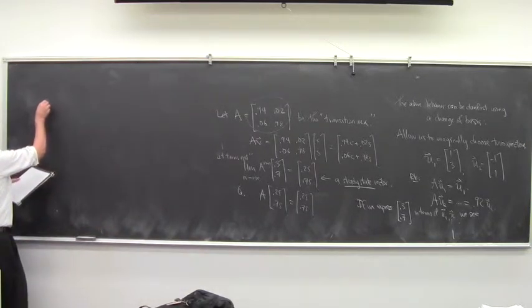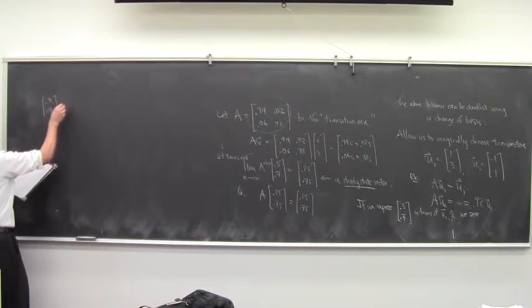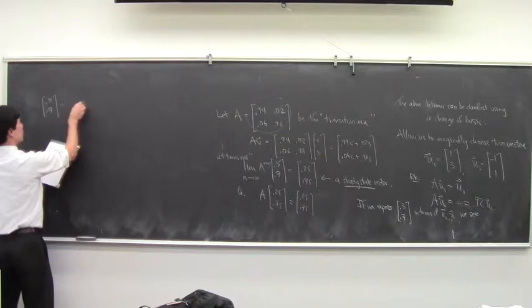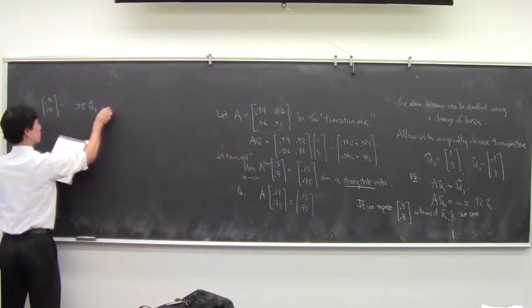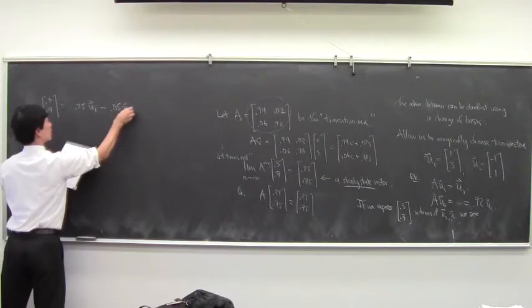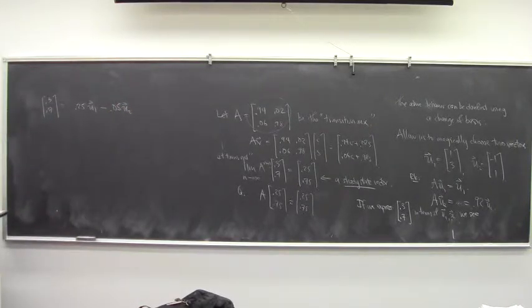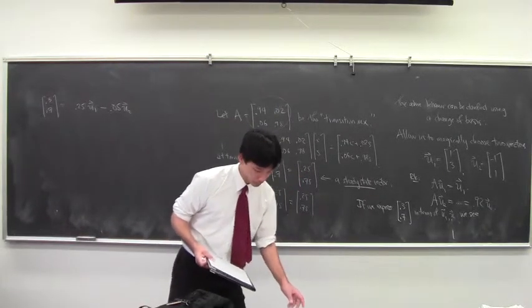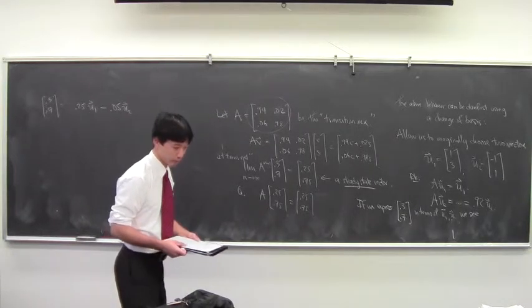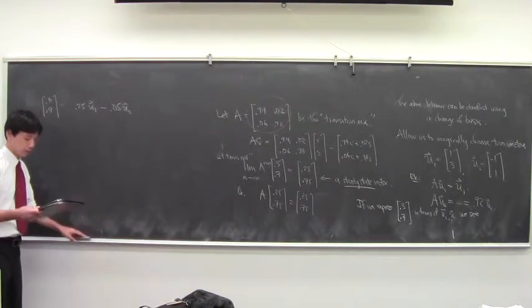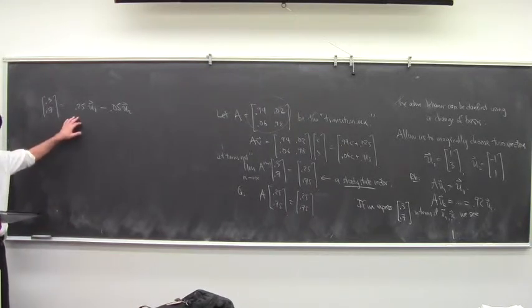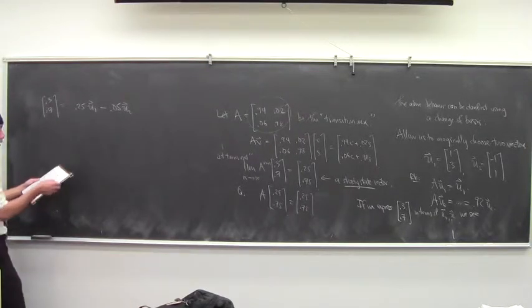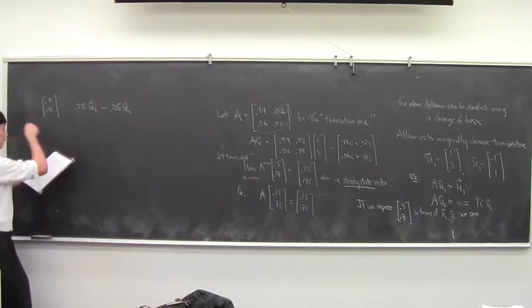We see that 0.3, 0.7, if you work it out, turns out to be 0.25 of u1 minus 0.05 of u2. Okay, and if you think about it in this way, then the behavior becomes clear.